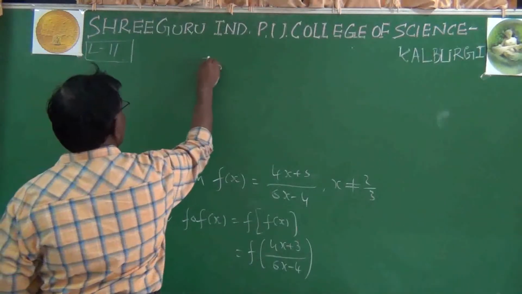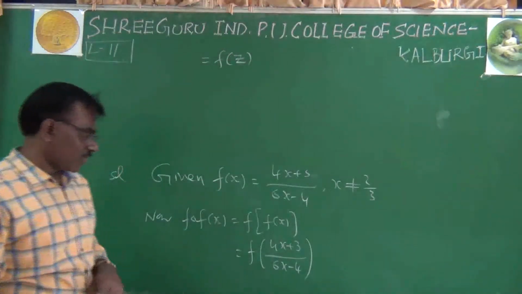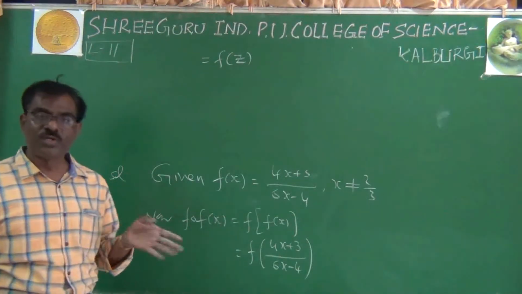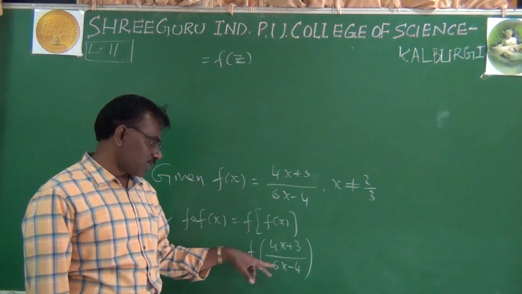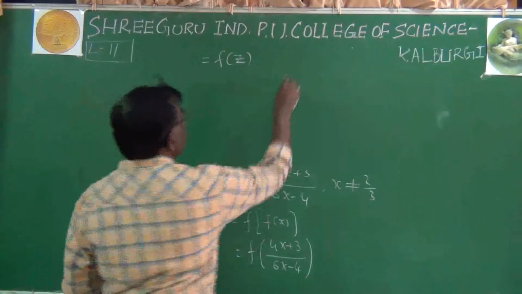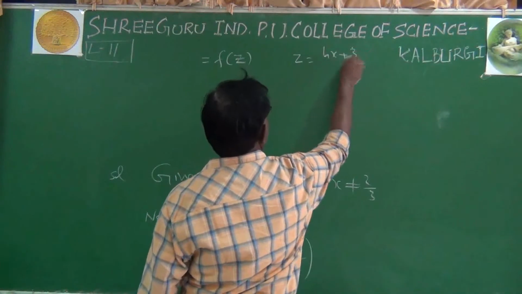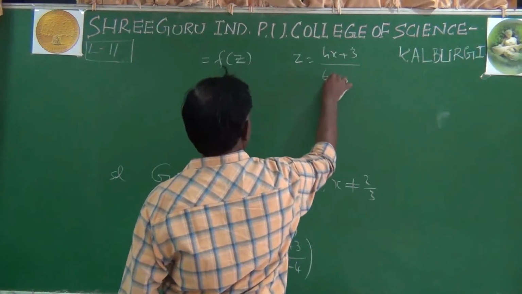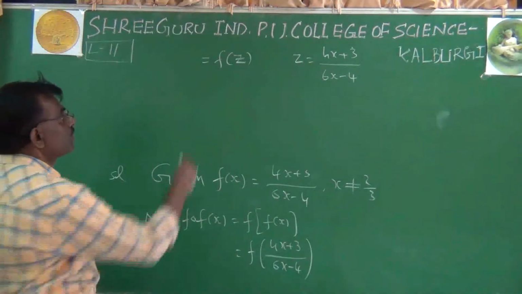So this is equal to, I am taking z only. Even if you write without z, no problem. So f of x is 4x plus 3 by 6x minus 4, and I am taking this whole value as z.